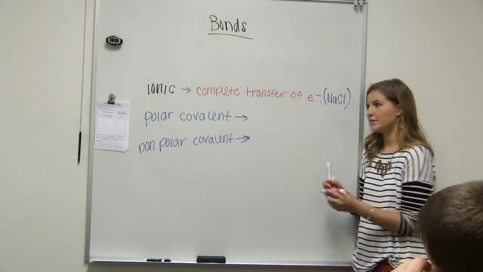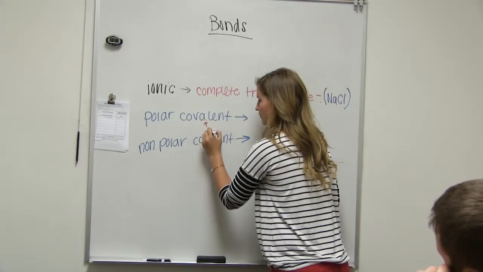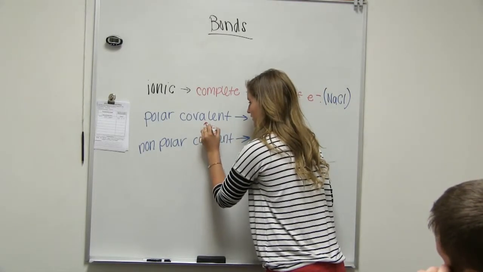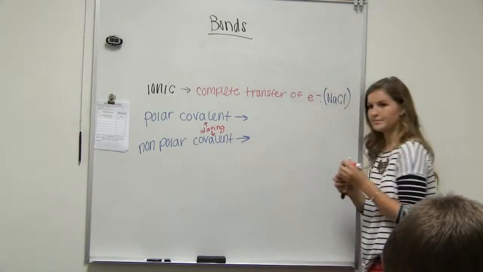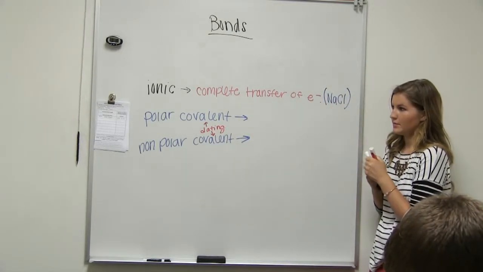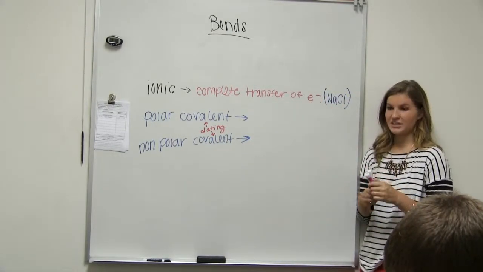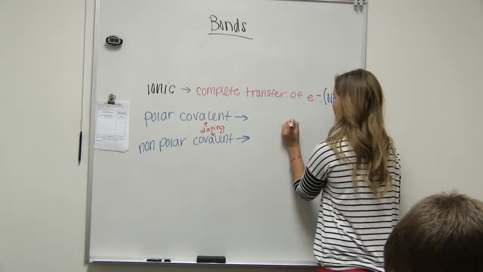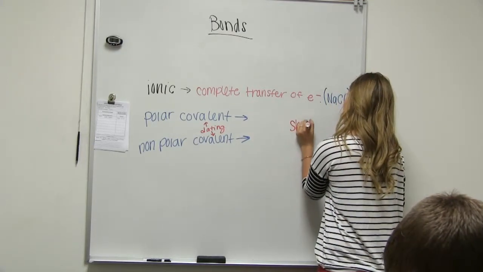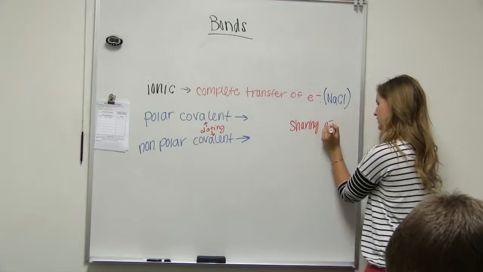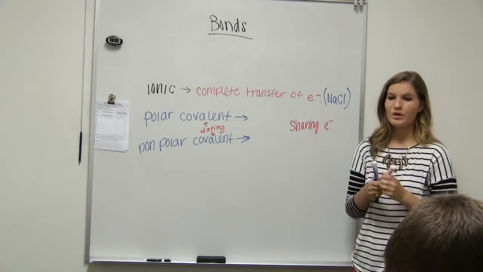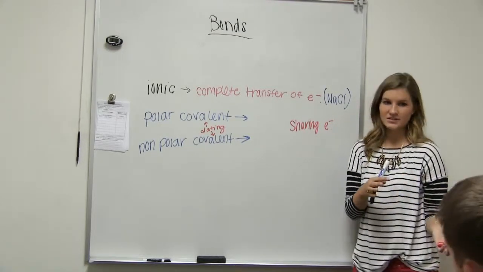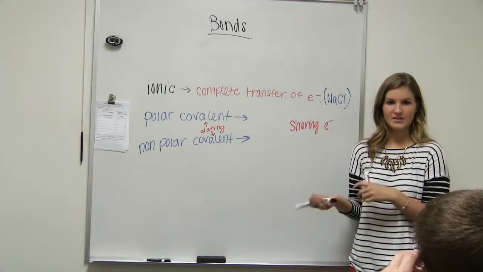So we can call our covalent ones our dating scenarios. Okay, so this is where we're going to be sharing electrons. So keyword, sharing electrons. But one of them is going to be an equal sharing of electrons, and one's going to be a non-equal sharing of electrons.